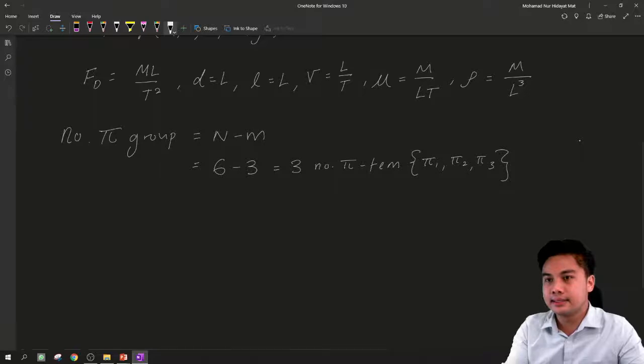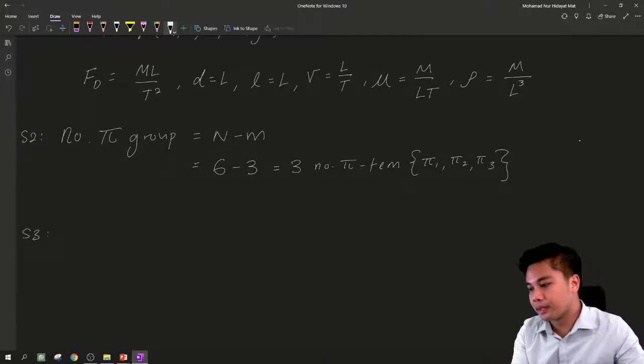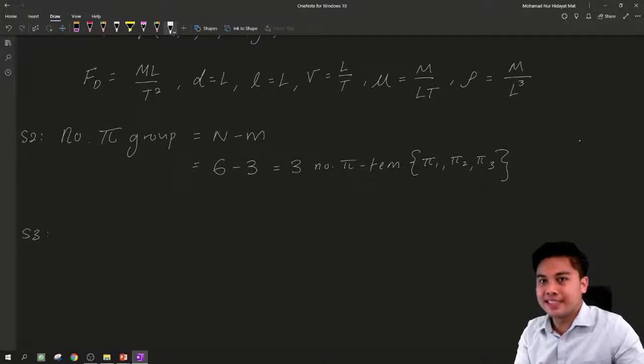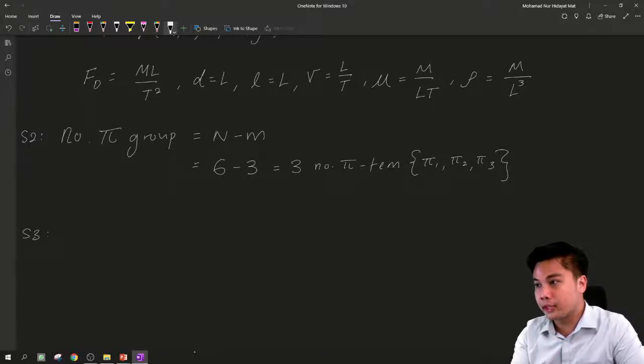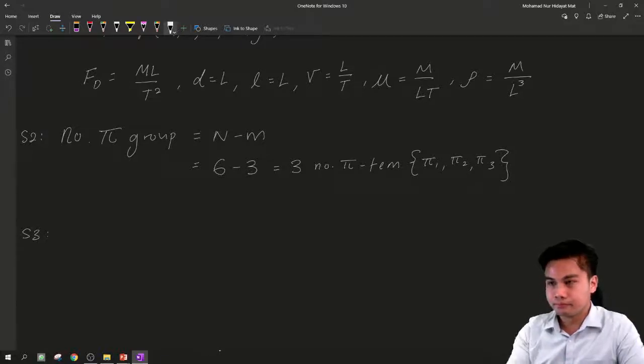This is the second step. And then step number 3 is to select the repeating variables. These variables will appear in all of our pi groups, pi 1, pi 2, and pi 3. So how many repeating variables?